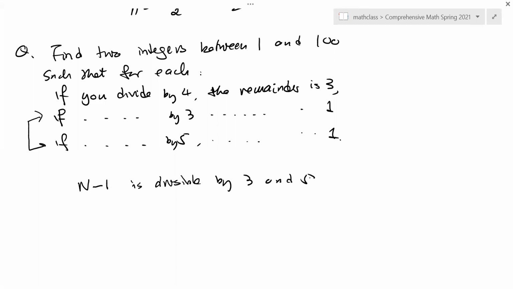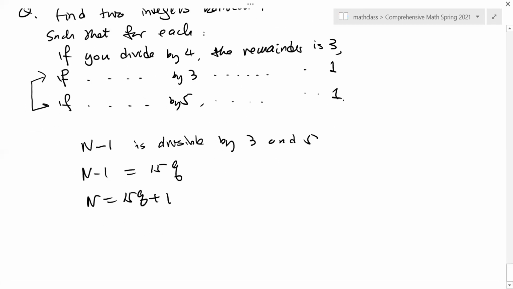So Erica, you have an answer? No, you only found one. There should be two. 31 is one of the integers, but I'm asking to find the two integers that satisfy this requirement. So n minus 1 is divisible by 3 and 5, so n minus 1 equals 15 times q, so n equals 15q plus 1, and q is an integer. q could be 1, 2, all the way.